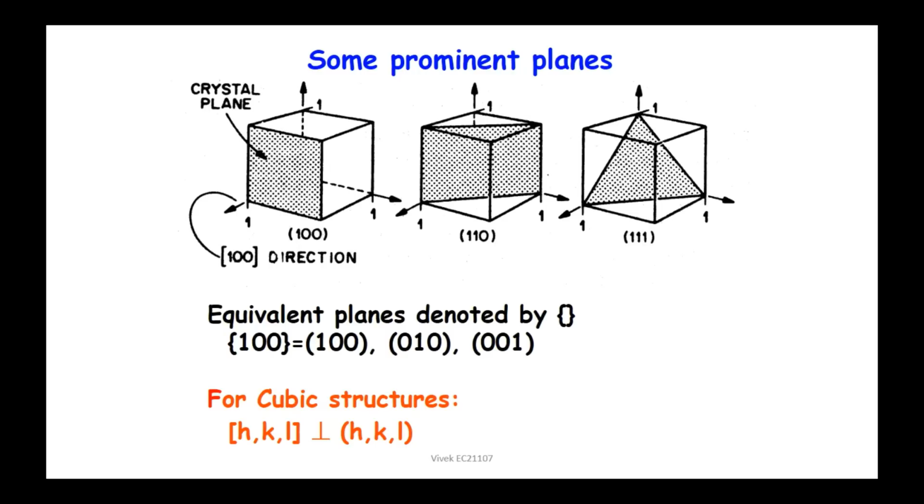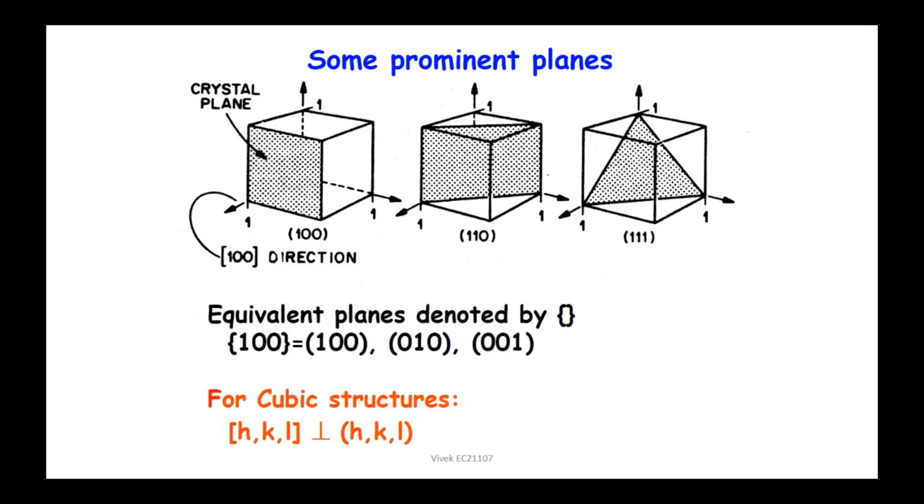And we already discussed that equivalent directions are described by angular brackets, and equivalent planes are described by curly brackets. So like the 100 direction was equivalent to the 010 and 001 directions, the planes are also equivalent. So all these planes can be described by {100} in curly brackets.